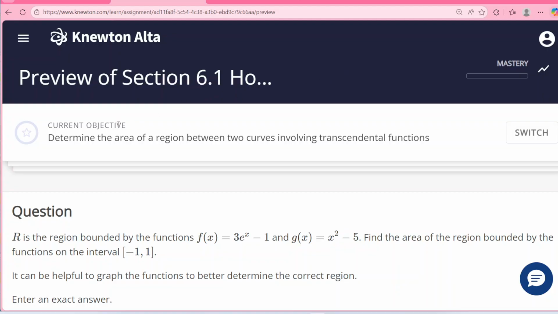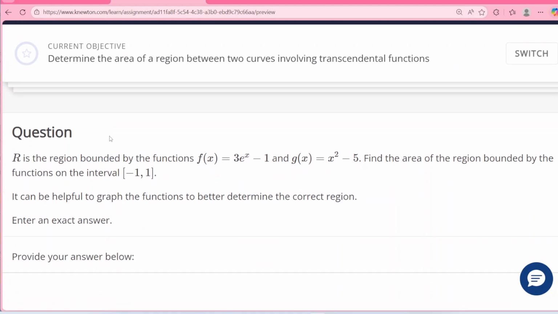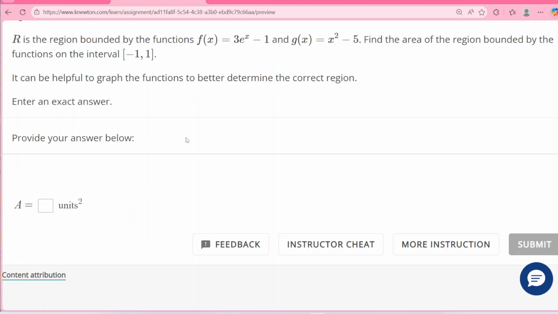Then back on the main screen, you have your current objective. Beneath that, a question related to that objective. And at the bottom of every question, you should be able to find a feedback option.